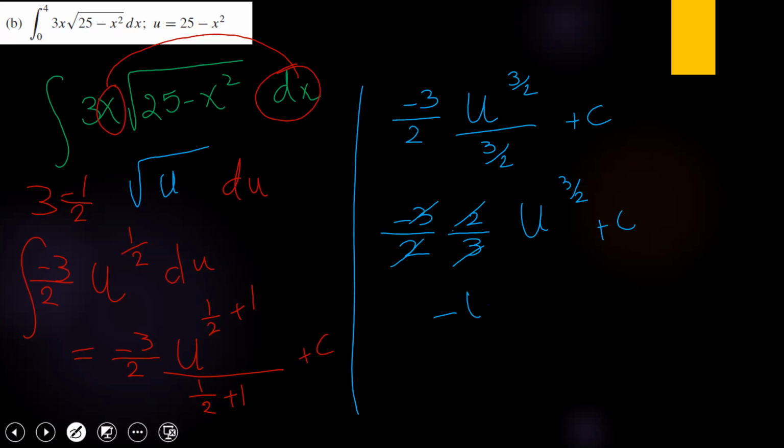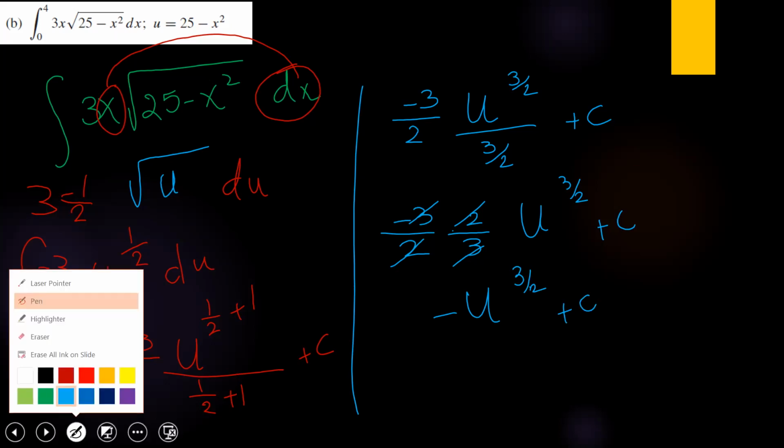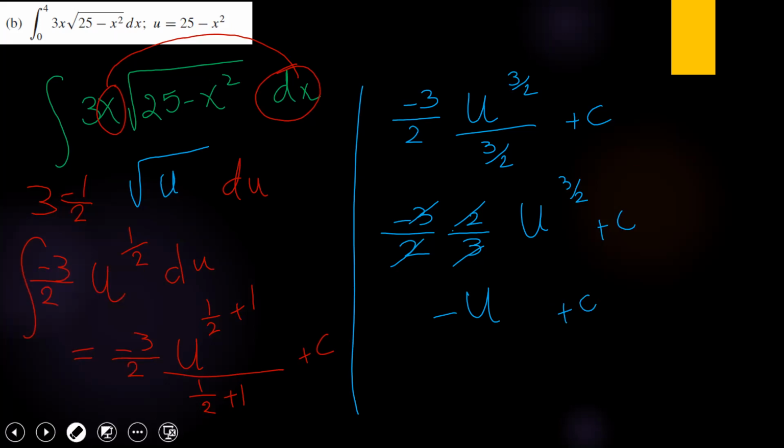So negative u to the 3 over 2, or you can say it as the square root of u cubic plus c. As I told you, here we have it as an indefinite integral. Now let's substitute it as x. You will say that it is negative square root of 25 minus x squared cubed.